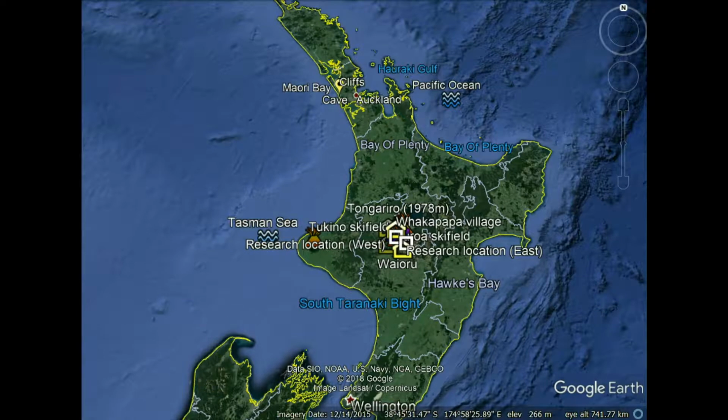What occurs is the prevailing winds come across from the Tasman Sea from the west. They travel a long distance, many thousands of kilometres, and in all that time they're picking up moisture continuously.